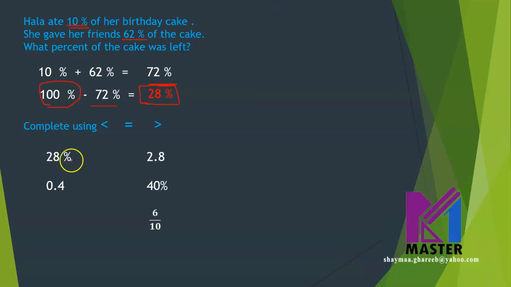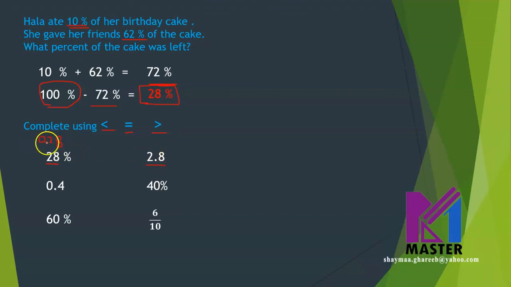For the second example, complete using smaller than, equal, or bigger than. I have here 28% and 2.8. 28%, if I want to change it into a decimal number, what should I do? Do you remember? I will divide by 100. When you divide the 28 by 100, it will be 0.28.